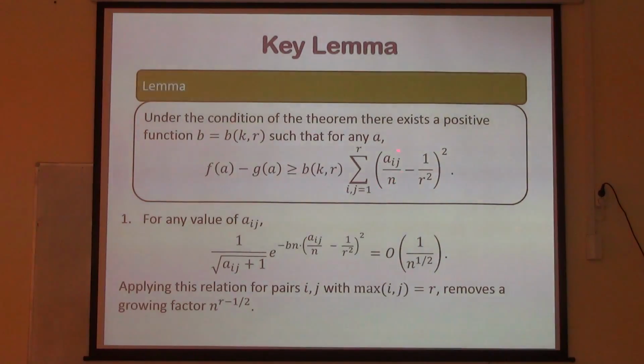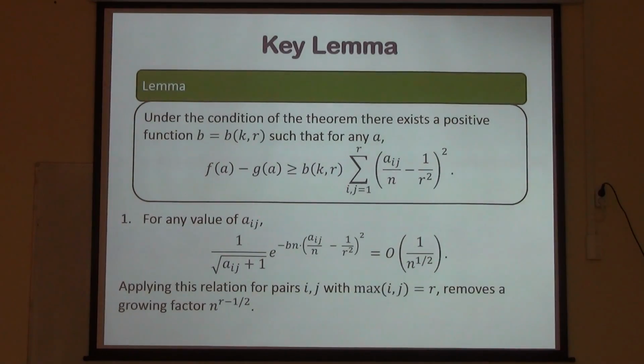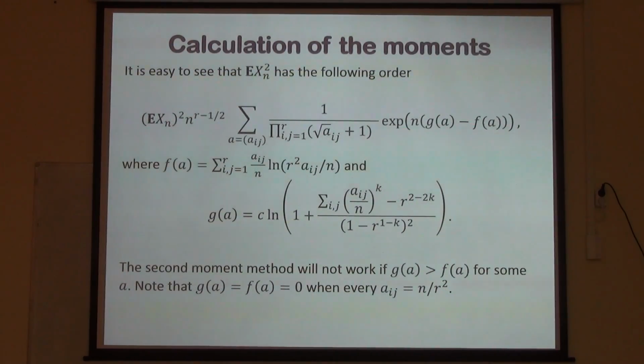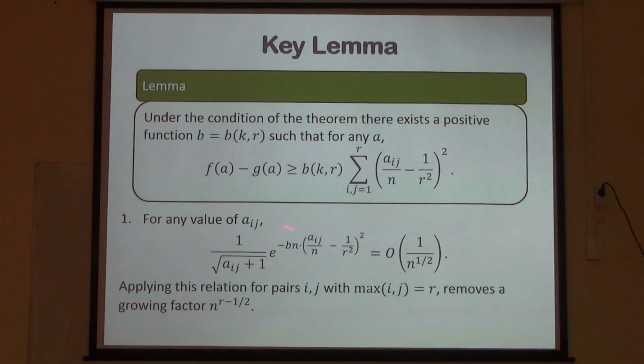We divide every element by n and then subtract the mean, 1 over r squared. Then everything goes very easily, because if we have this, then we can substitute it here, and for every value Aij, this expression has the order at most 1 over root n.